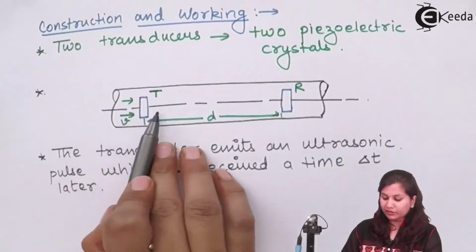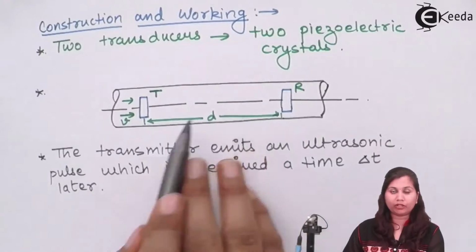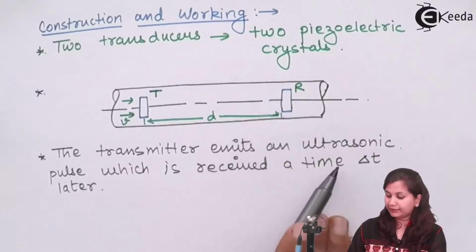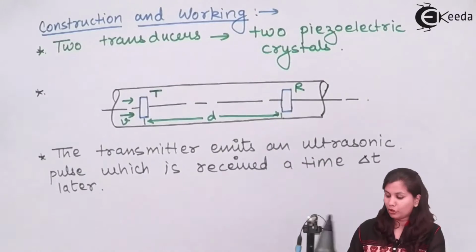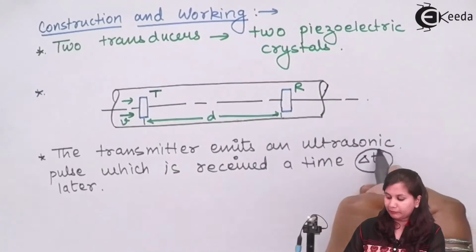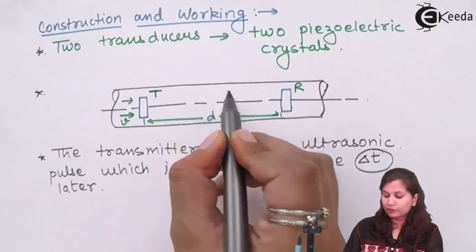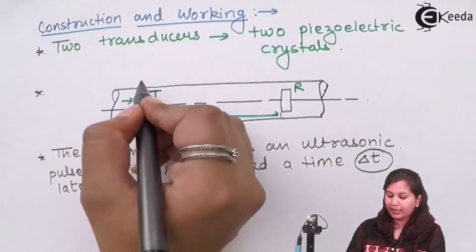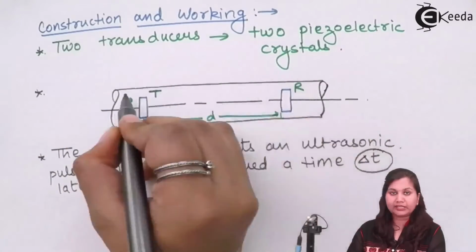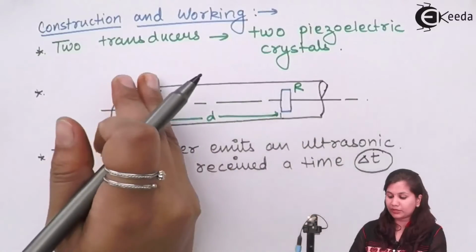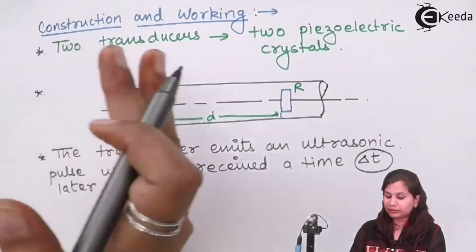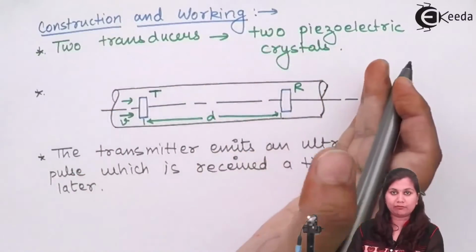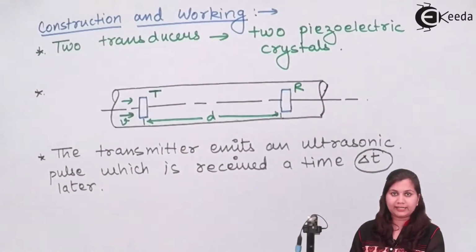So when the transmitter emits an ultrasonic wave or ultrasonic pulse, this pulse is received by the receiver at a time del t later. So del t is the time taken by the ultrasonic wave to get received by the receiver. Okay, suppose that at 11 o'clock this pulse is generated, and at 11:05 it is received, so there is a 5 minute delay.